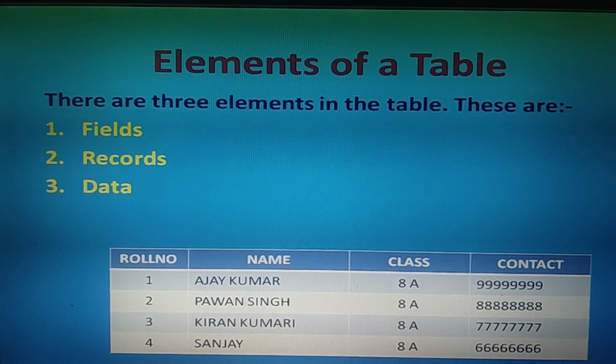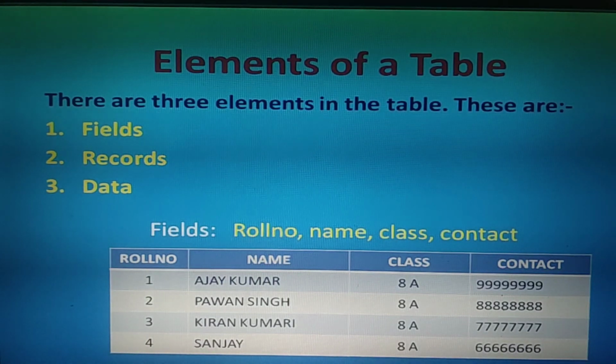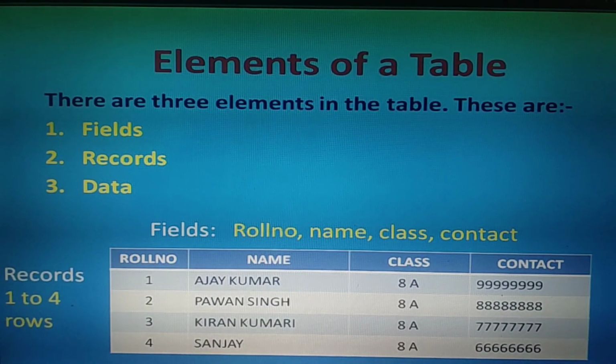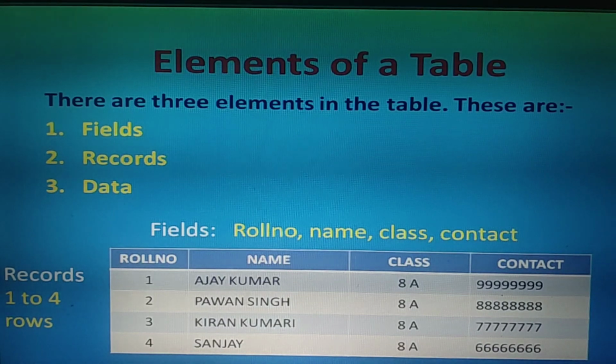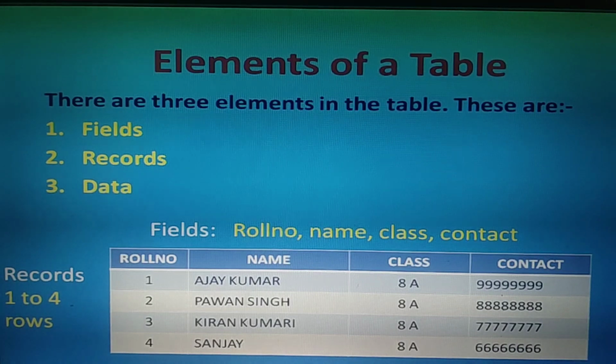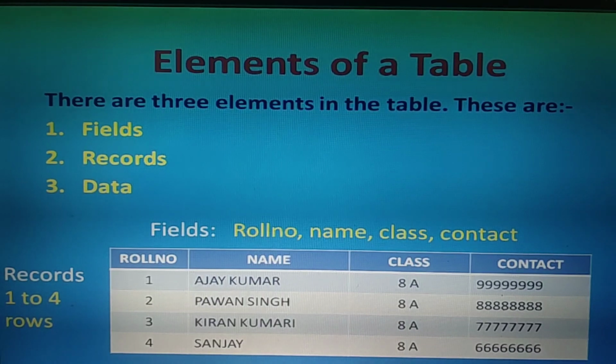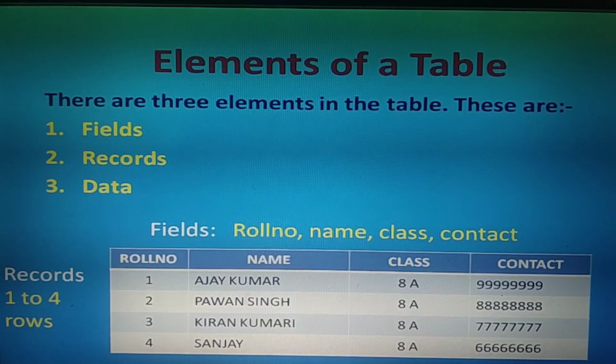These are records. Roll number, name, class, contact are fields. And if we talk about data, it is the values of the table: roll numbers 1, 2, the students' names Ajay, Pawan, Kiran, Sanjay, and class, section and contact. The values we have entered in the table are all called data.